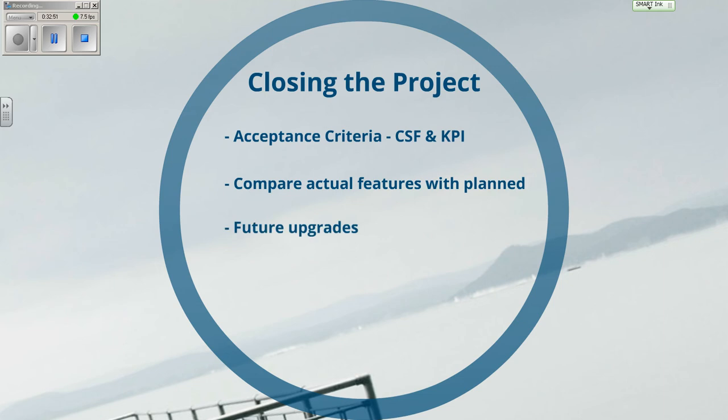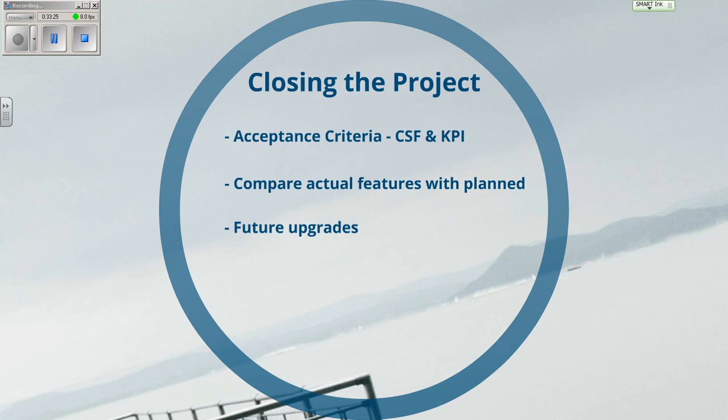It may well be that the customer had other ideas as you were going. So whilst the software development lifecycle model, the waterfall model, doesn't allow for you to have ideas as you go through the project, when you reach the end of the project, if there were some features that the customer thought would be a really good idea, or that weren't in the project proposal, you might be able to modify the project proposal if you want to renegotiate with the customer, or you could just wait till the end of the project and put it as a future upgrade.